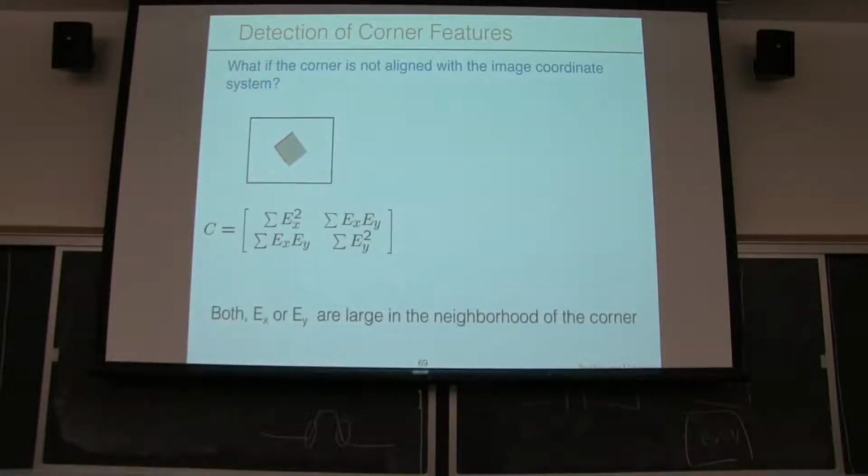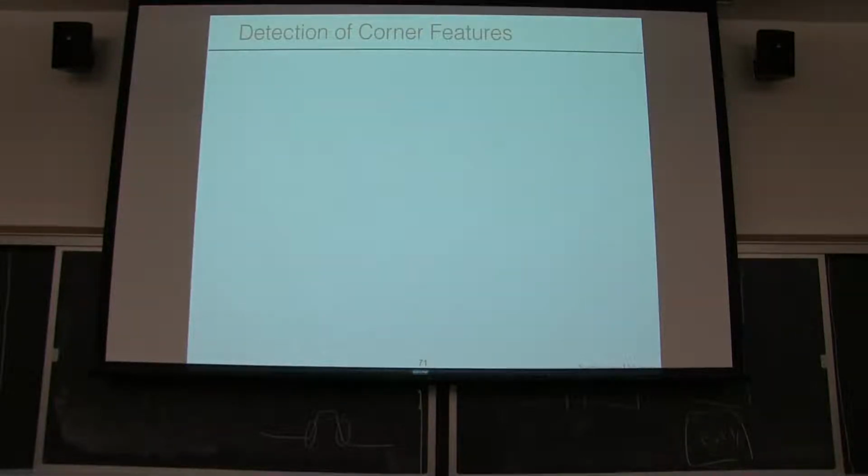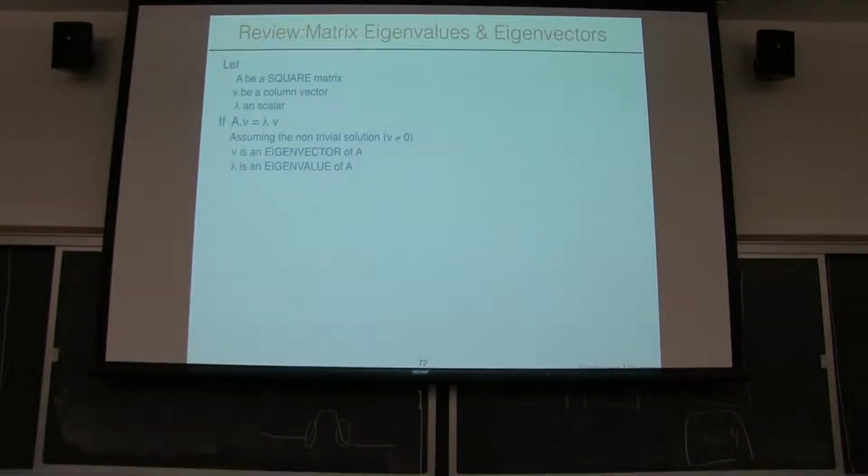Okay? So what we're going to do is review eigenvectors and eigenvalues. All right. So let's assume, and this is generic, but it applies to my corner matrix, I have a square matrix A. I have a column vector V, and I have lambda, which is a scalar, right?